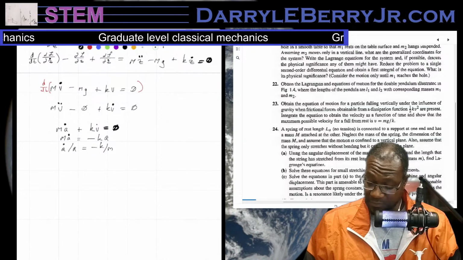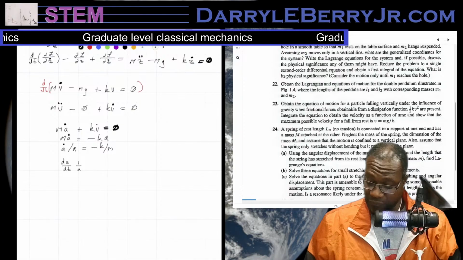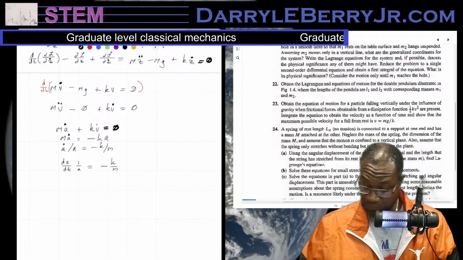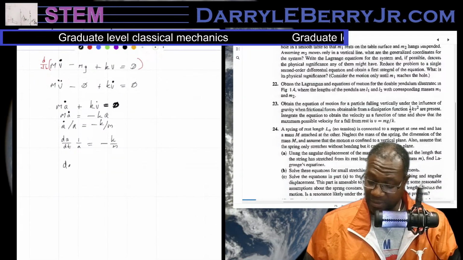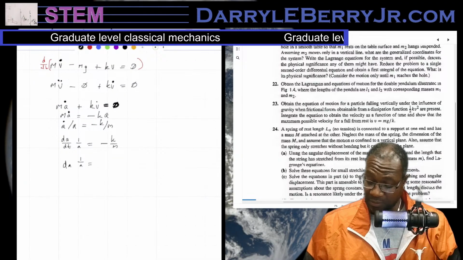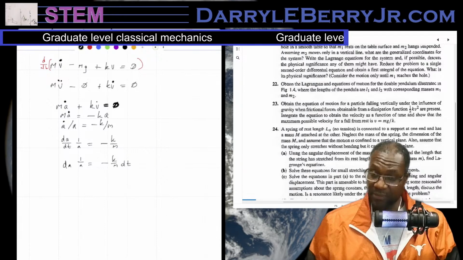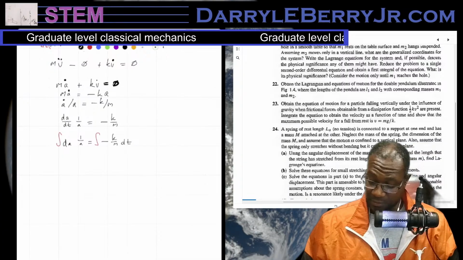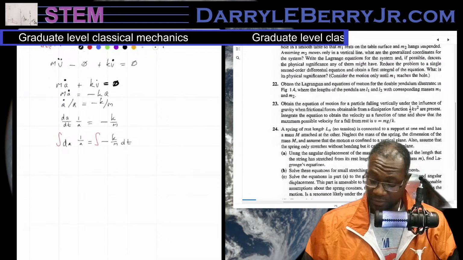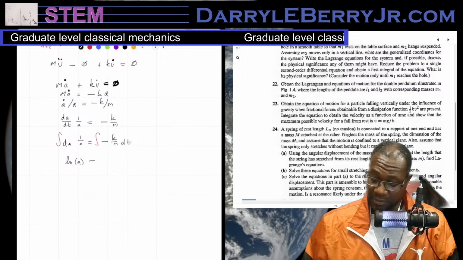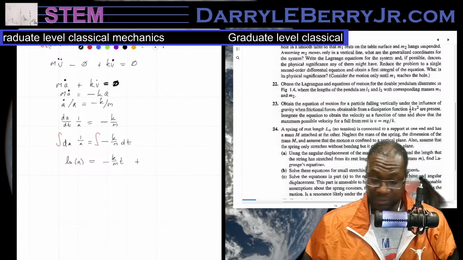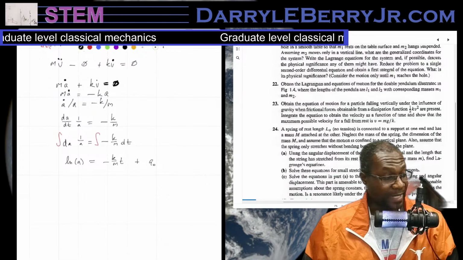We have dA over dt times 1 over a equals negative k over m, so dA times 1 over a equals negative k over m dt. I can integrate both of these sides to get acceleration. Actually, it'll be ln a equals negative k over m t plus a naught, since I integrated by a.